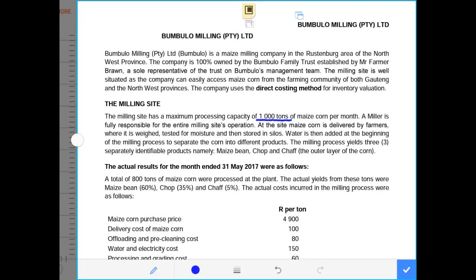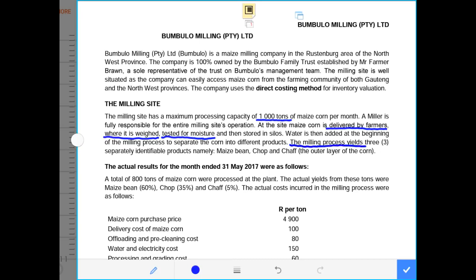At the site, maize corn is delivered by the farmers, where it is weighed, tested for moisture, and then stored in silos. Water is then added at the beginning of the milling process to separate the corn into different products.